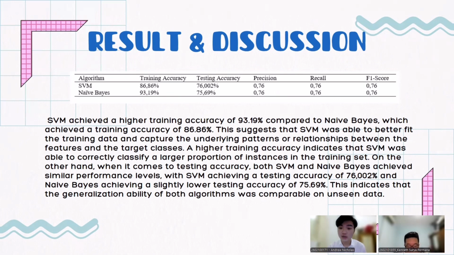A higher training accuracy indicates that SVM was able to correctly classify a larger proportion of instances in the training set. On the other hand, when it comes to testing accuracy, both SVM and Naive Bayes achieve similar performance levels, with SVM achieving a testing accuracy of 76.002% and Naive Bayes achieving a slightly lower testing accuracy of 75.69%. This indicates that the generalization ability of both algorithms was comparable on unseen data.